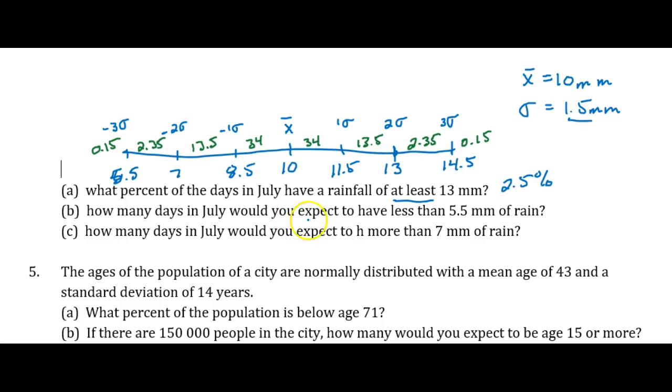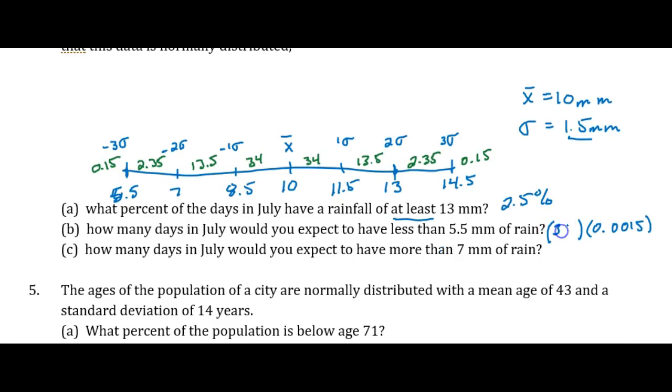How many days in July would you expect to have rainfall less than 5.5 mils of rain? Well, first get the percentage. So less than 5.5, that's 0.15%. Change that to a decimal. And then you need to know the number of days in July.